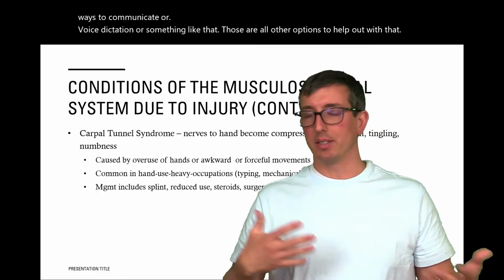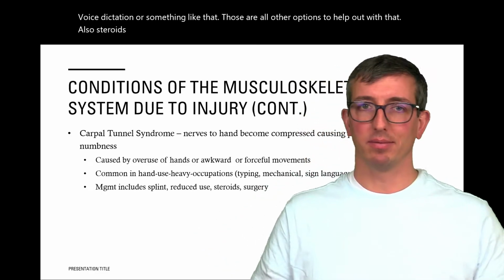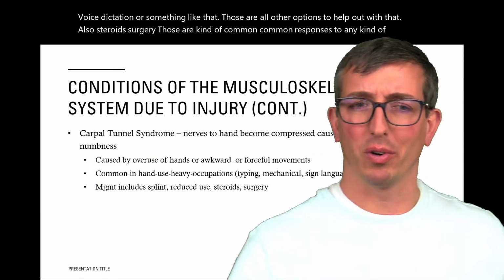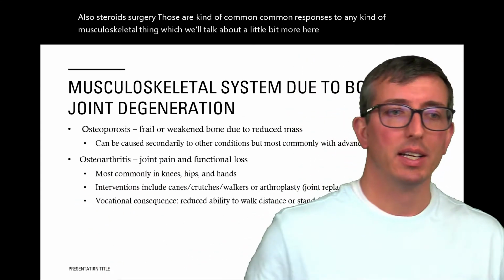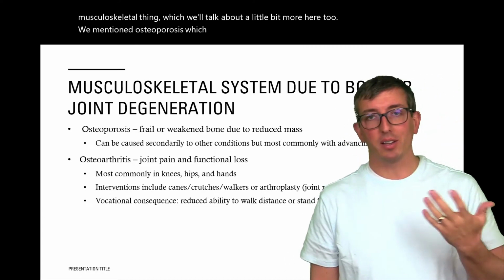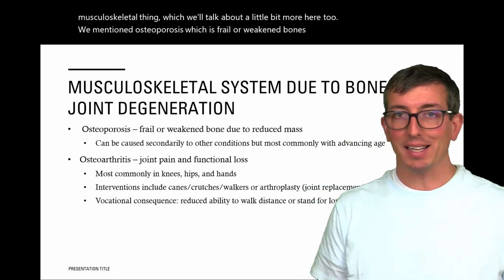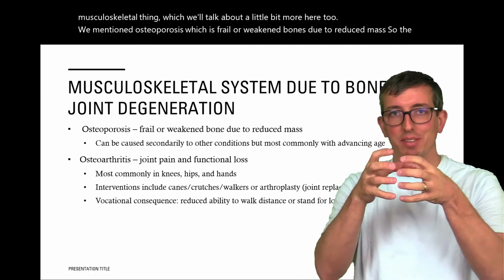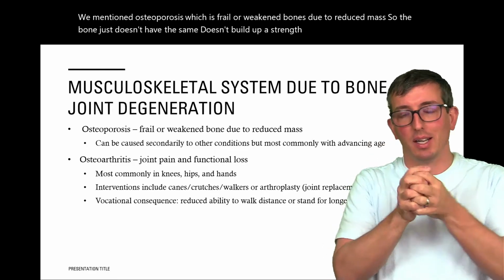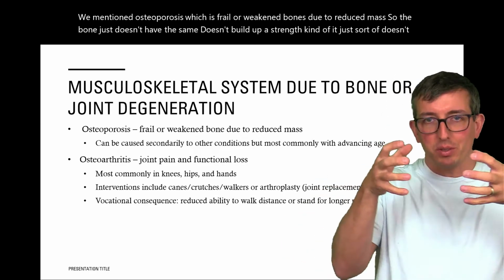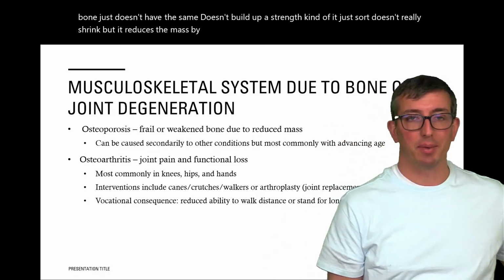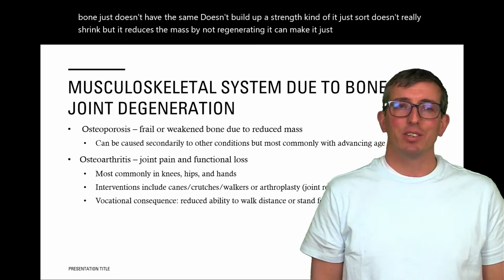Also, steroids and surgery are common responses to any kind of musculoskeletal condition, which we'll talk about a little bit more here too. We mentioned osteoporosis, which is frail or weakened bones due to reduced mass. The bone doesn't build up strength. It doesn't really shrink, but it reduces in mass by not regenerating, which can make it frail.